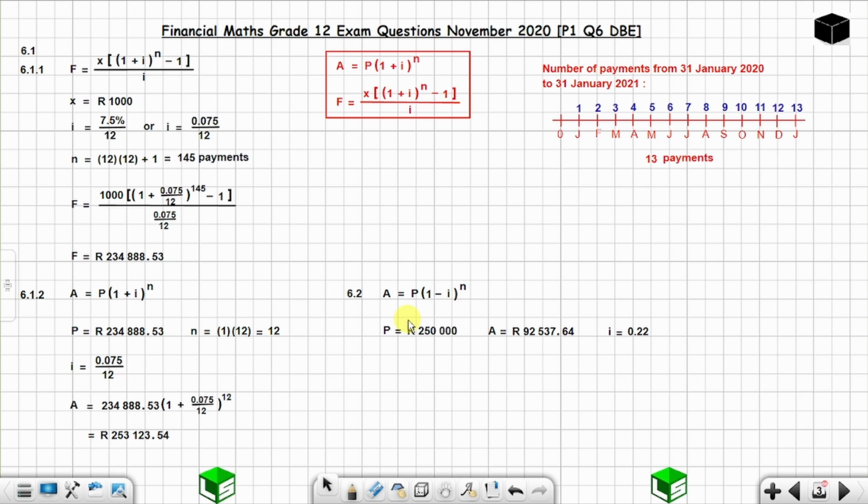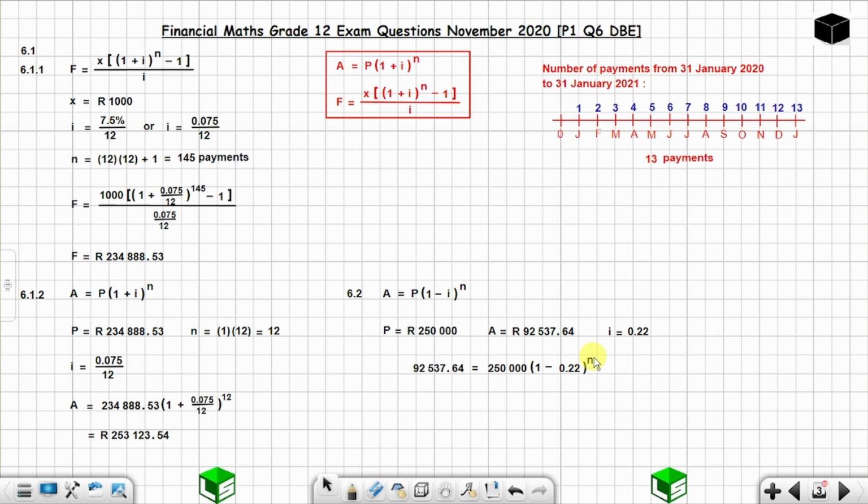So A is equal to this, the final amount. P is equal to this. P, in bracket you have 1 minus I, this is I, 0.22. You close your bracket to the power of n. The question is to find n.